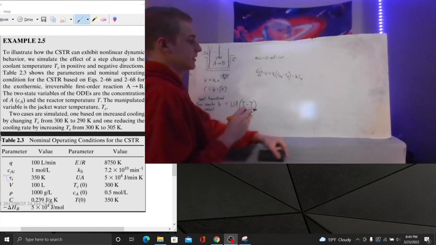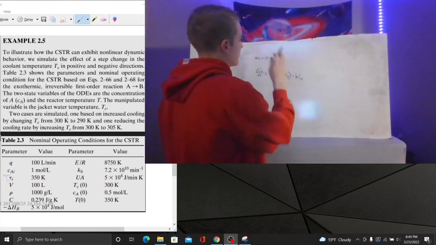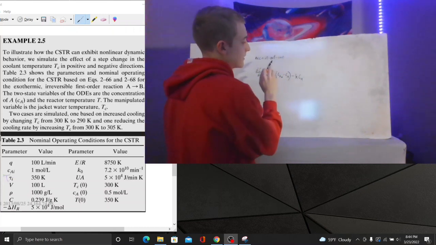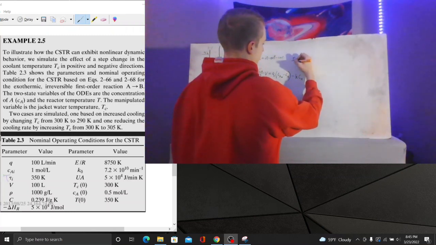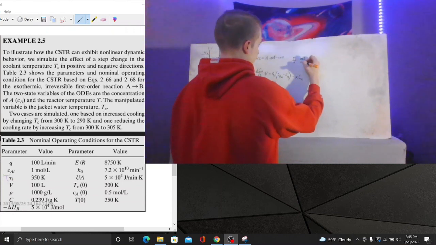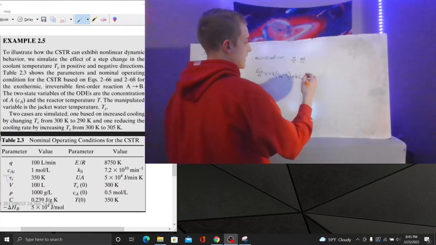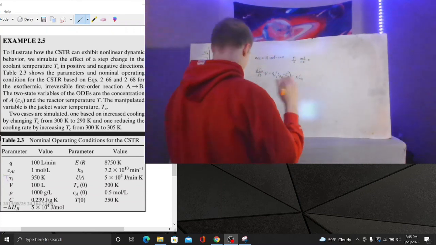But again, these units need to be in mass for our mass balance. So k is usually given in molarity over time, which would just be moles over seconds times liters. So we're going to again need to multiply by the volume in order to get these to cancel.